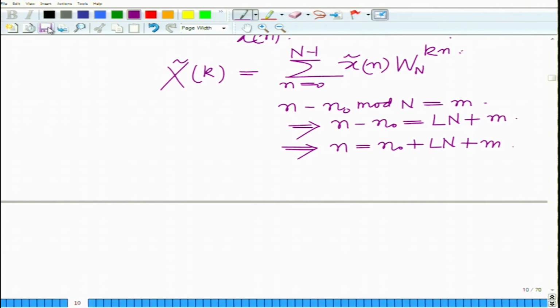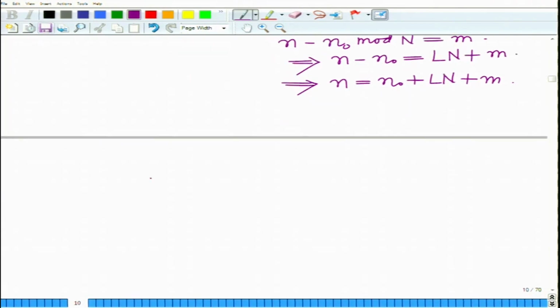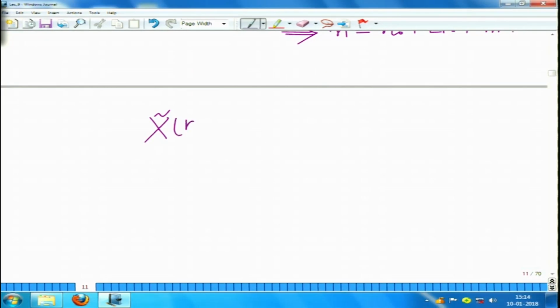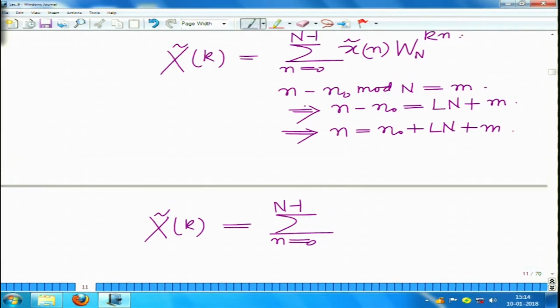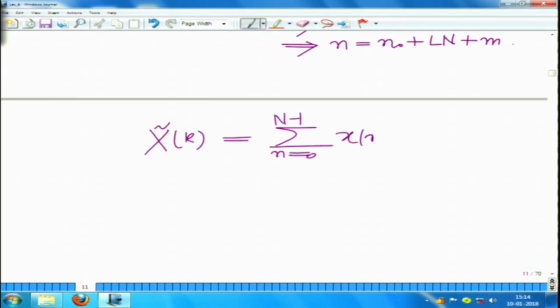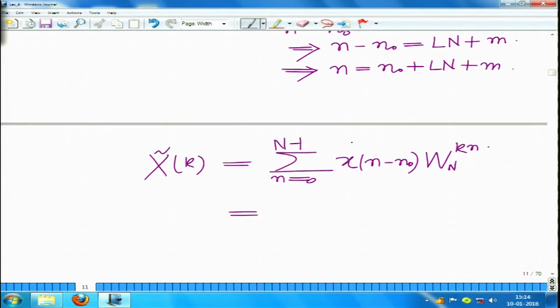So if you write x tilde[k], this will be the summation n equal to 0 to N−1 of x[n − n0] W_N to the power kn. Remember x[n − n0] has to be interpreted as (n − n0) modulo N, which is m.